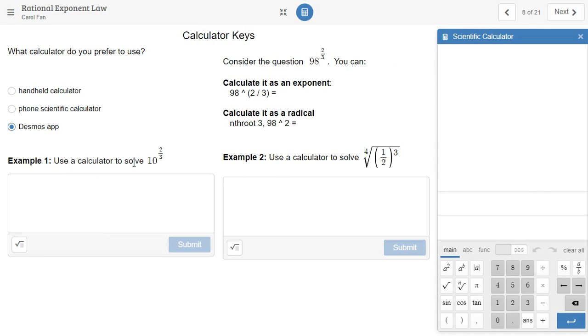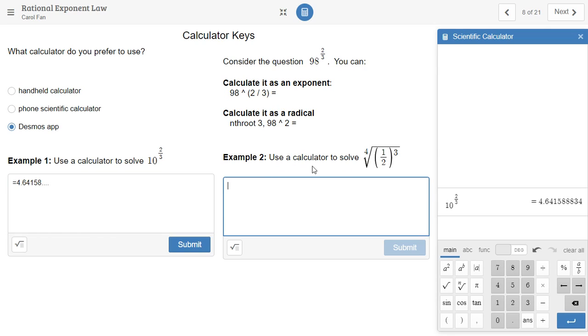If I have 10 to the power of 2/3, I'm going to type in 10, use AB, or if I'm using keyboard commands, Shift 6 to pop us up into the exponent, and then type 2 over 3. So that gives us 4.64158, so on and so forth.